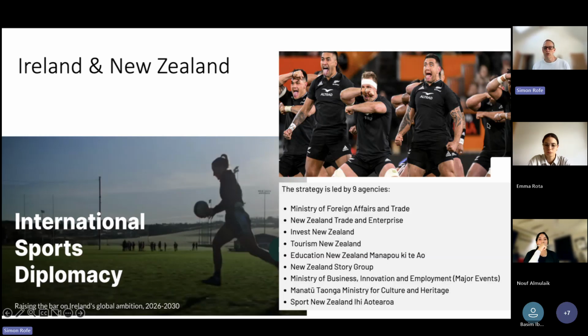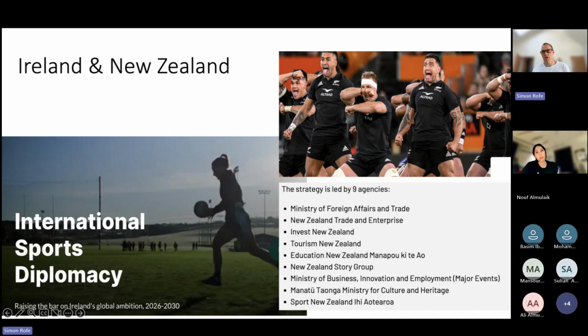And they point to, going back to the structural dimensions of sports affairs, those parts of the New Zealand architecture, so a Ministry of Foreign Affairs, yeah, you can see that. Trade and enterprise, okay. Investment, yeah. Tourism. Education, okay. Story Group, don't know a lot about that.